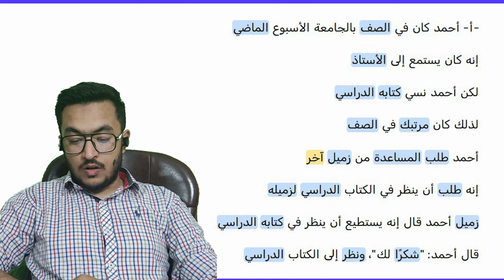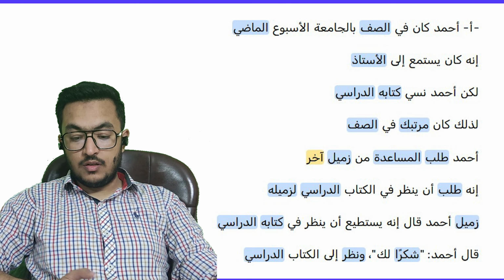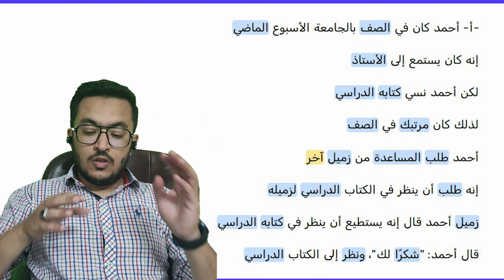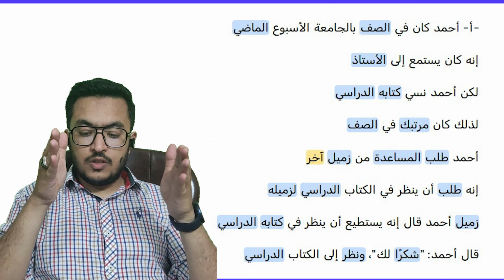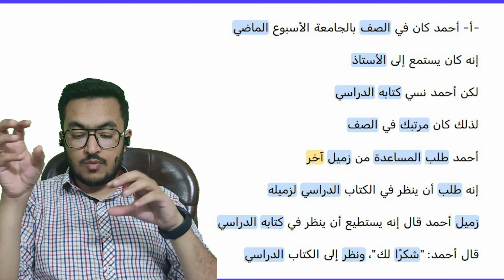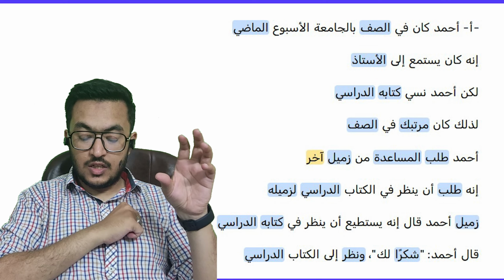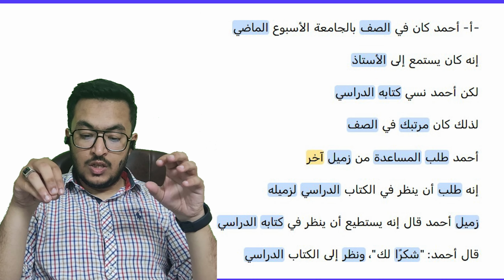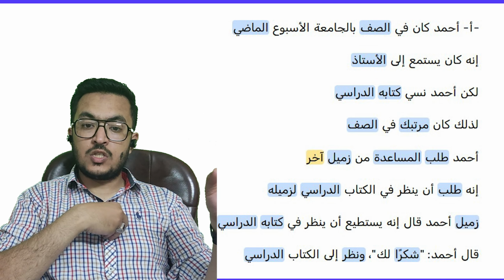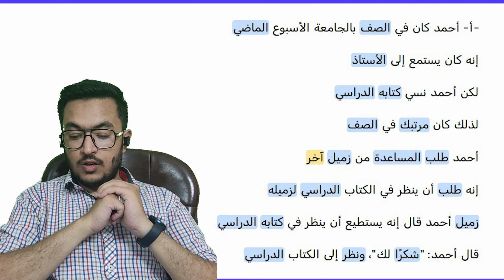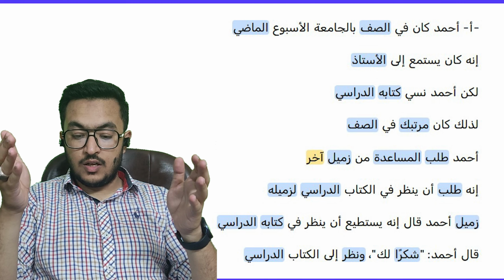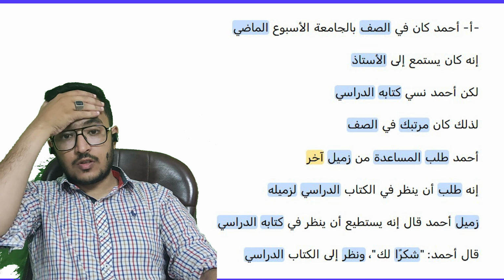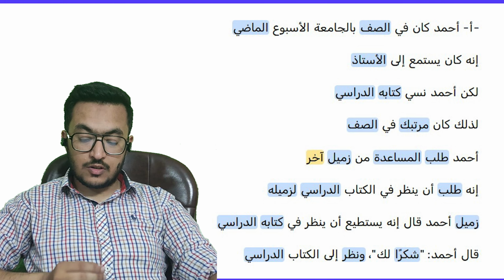زميل أحمد قال إنه يستطيع أن ينظر في كتابه الدراسي. So in the previous sentence, Ahmed asked to look at the book, the lesson book of his colleague. زميل أحمد قال, his colleague said, إنه يستطيع, that he can. استطاع يستطيع.